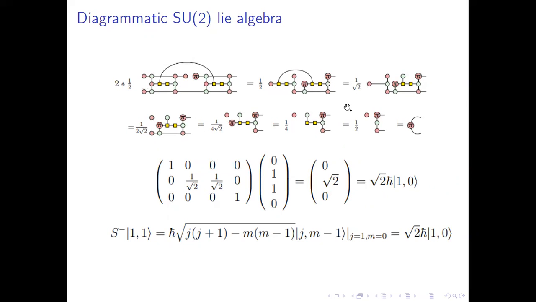This is just that explode or absorb rule we talked about earlier. And what you find is you get this state here, which is, as we talked about earlier, spin 0 in the spin 1 basis. So you can diagrammatically see how these common raising and lowering operators, which can look kind of mysterious when seen in matricial form, actually perform their function, which I find nice at least. And you get the correct eigenvalue.